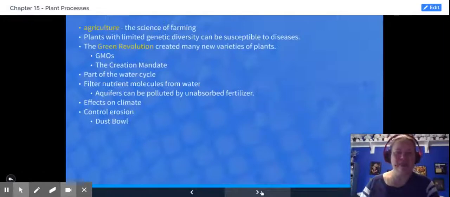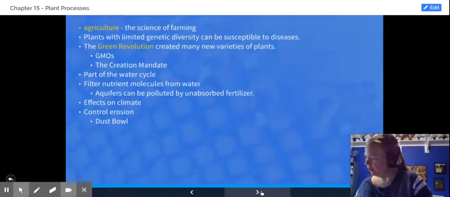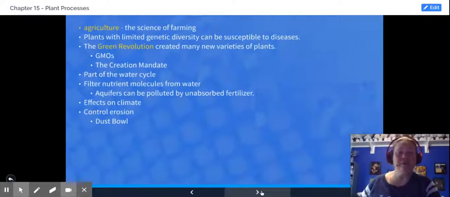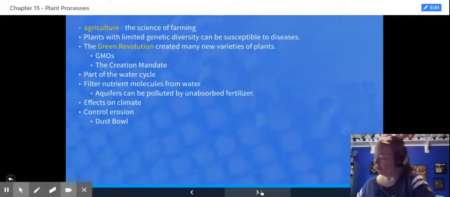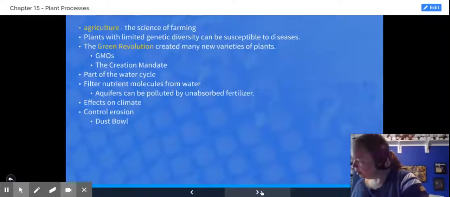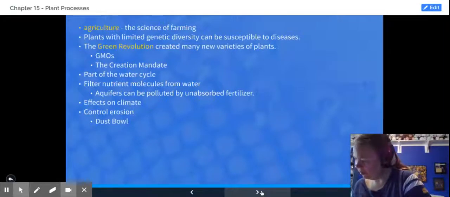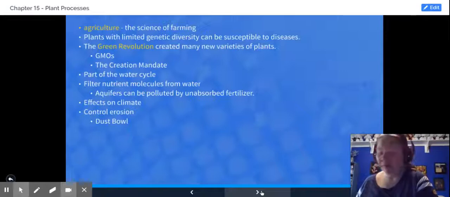All right. Agriculture is the science of farming, okay? So again, we have to be careful with agriculture and be mindful of it. Plants with limited genetic diversity can be susceptible to diseases. The Green Revolution was a period of the 20th century where we practiced agriculture differently.